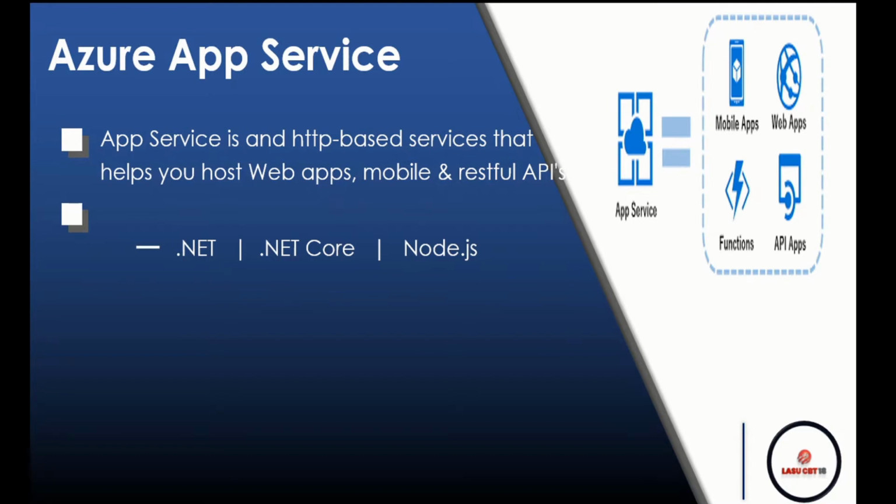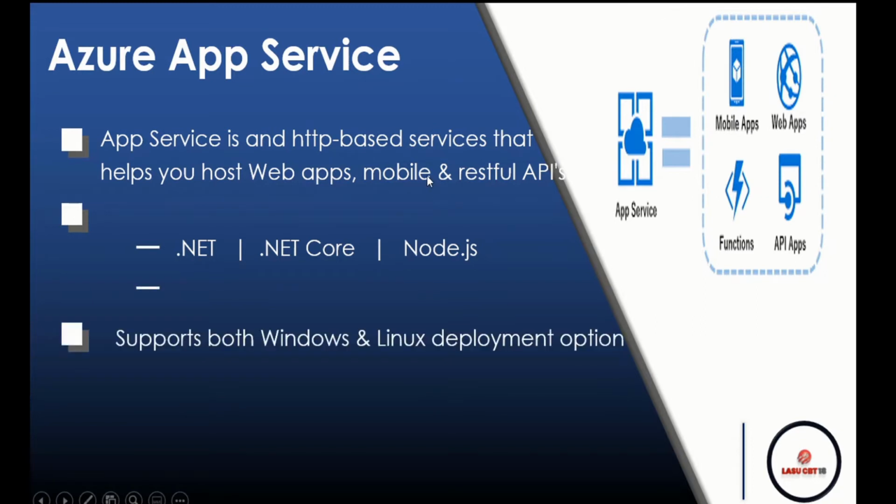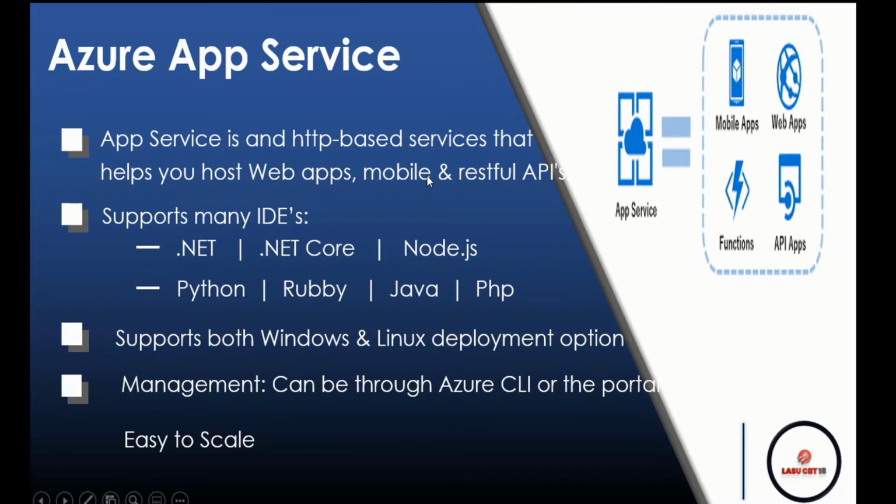You can also use it to host mobile apps. You can use it to host RESTful APIs as well. And the cool thing about the Azure App Service is also the fact that it supports a number of languages. So if you're a developer and you like to code .NET, Node.js, Python, Ruby, or PHP, you are all covered with the Azure App Service.